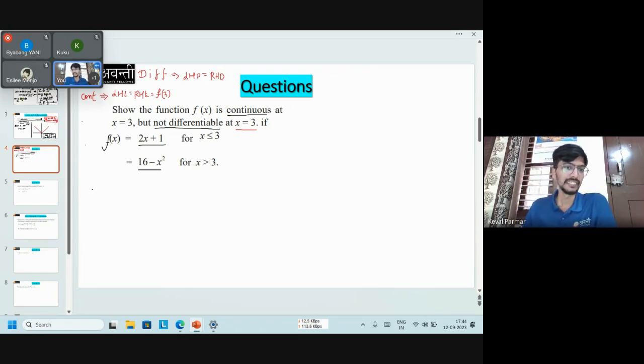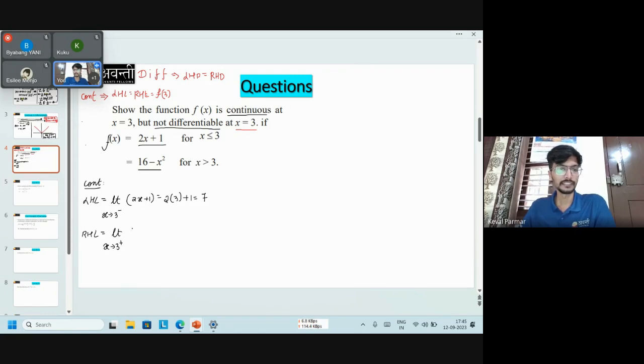That we calculate the left continuity. Let's check for continuity. Left hand limit means limit x tends to 3 minus. For 3 minus, this is the definition, 2x plus 1. So that is no indeterminate form. 2 into 3 plus 1, which is 7. Let's check right hand limit. Right hand limit means limit x tends to 3 plus.